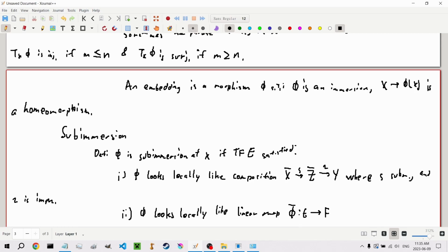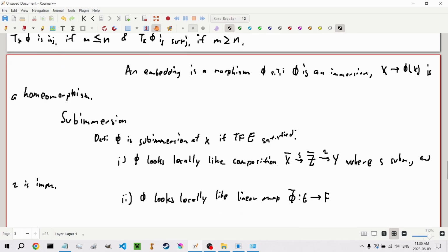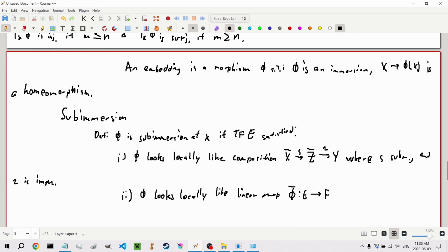So I guess this is like an immersion or submersion, except we don't have any constraints on its tangent space having full rank. And of course, the morphism phi, which is a subimmersion at all x in X, is called a subimmersion.